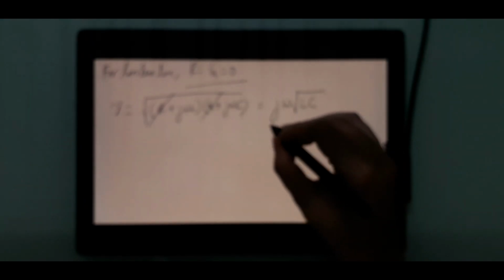So this is what you get. This is nothing but j beta. So the propagation constant beta for a lossless line is nothing but omega under root LC.